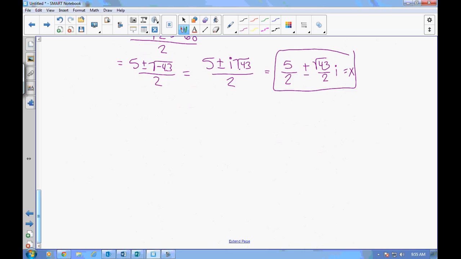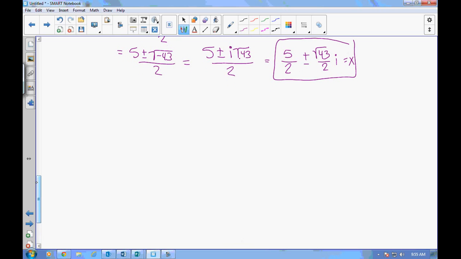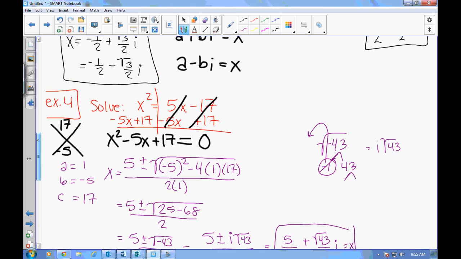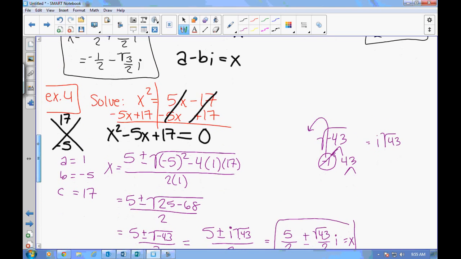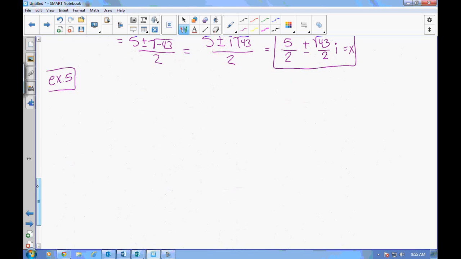Example 5. Solve again. Oops. Oh. Okay, that was different than how I wrote it in my notes, but that's okay. I just changed the equation. Still works.